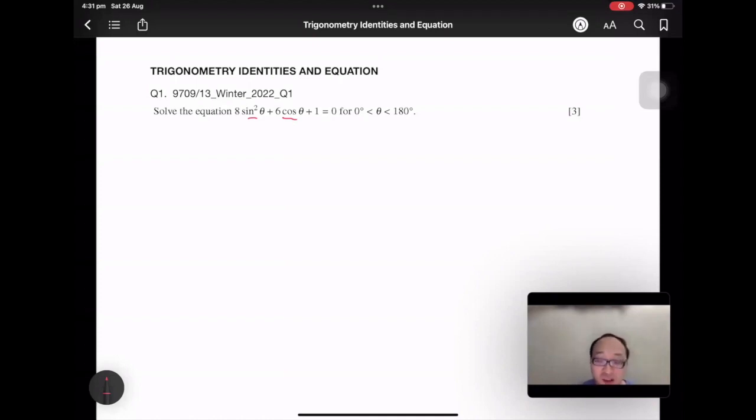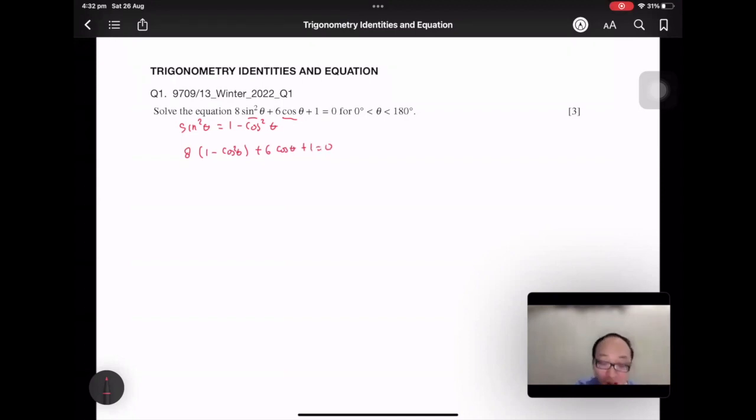So I can change sine into cos using the identity sine square theta equals 1 minus cos square theta. So we can solve this. 8 sine square, so 8 times 1 minus cos square theta plus 6 cos theta plus 1 equals 0.